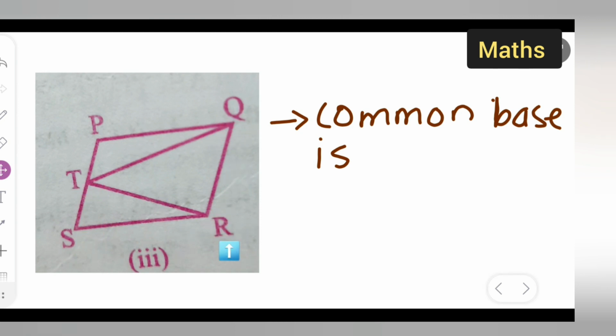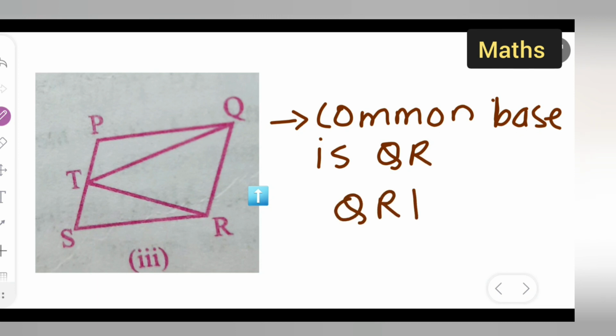So QR is the common base, okay? QR is the common base, and QR and PS are parallel. Both of them are parallel.